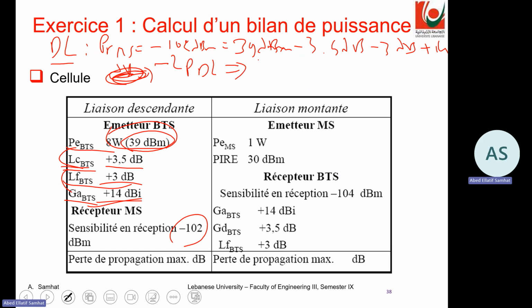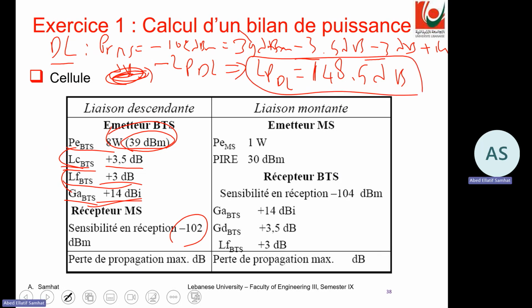So the path loss in the downlink will be 39 minus 3.5 minus 3 plus 14, which is 7.5 plus 39, so 46, and then we get 148.5 dB.